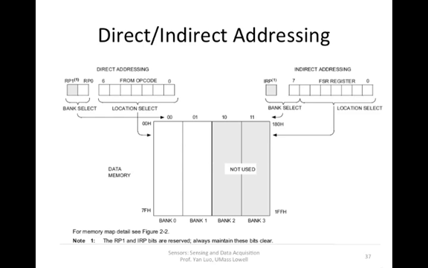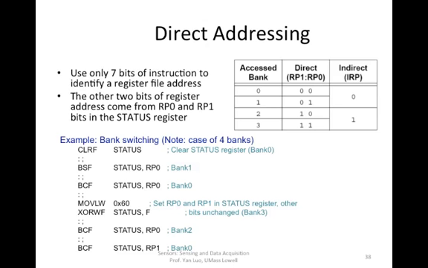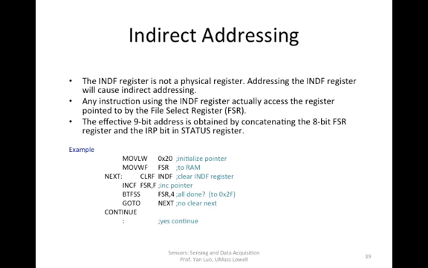We're going to use the values from this register plus the IRP bit from the status register to find out exactly which bank and which location. The next slide shows an example of how we switch banks and how we access locations within the bank. Due to the time limit, I have to skip this and the next one.